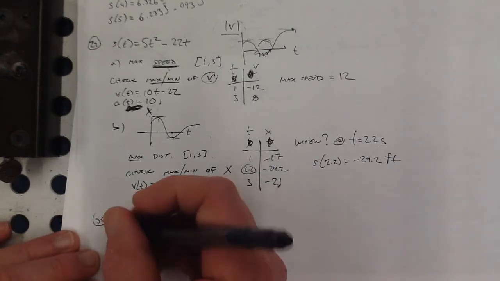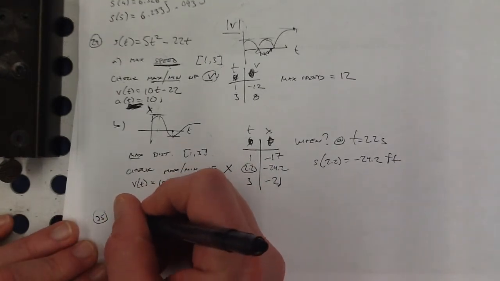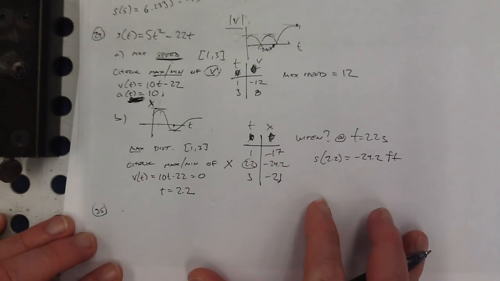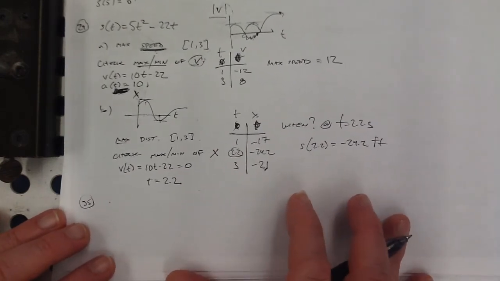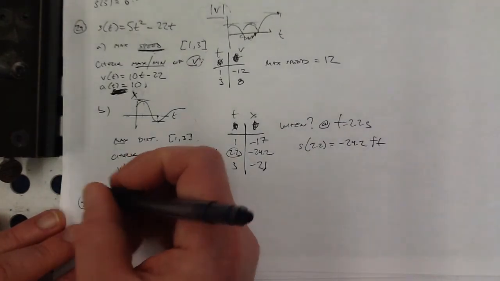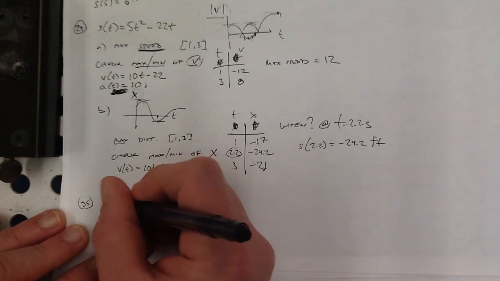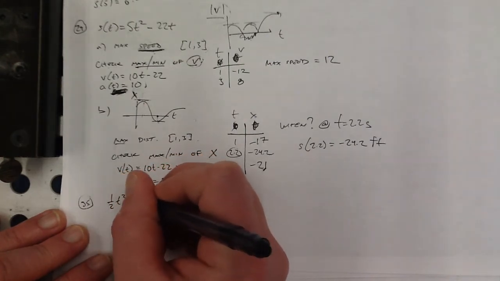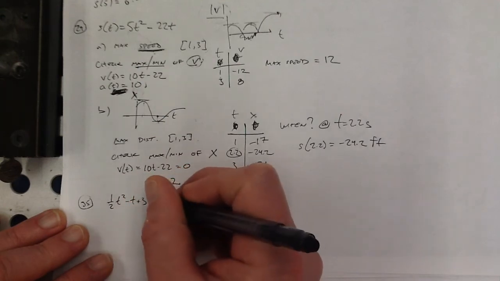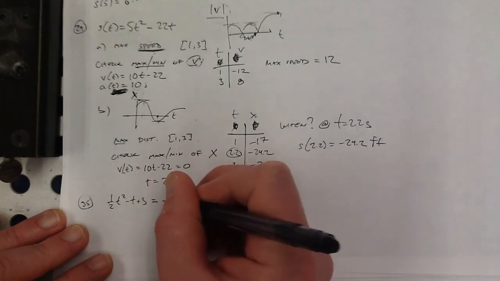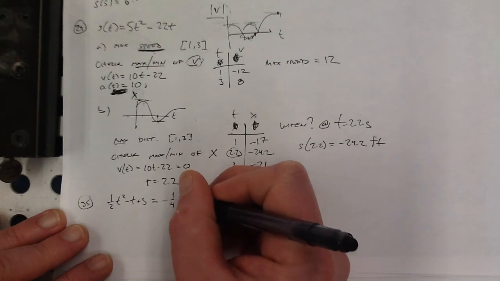Well, if they're going to collide, then their positions would have to be the same at the same time. So let's see. If I set them equal, you set the positions equal to each other, and try to solve, and find that there's no solution to that.